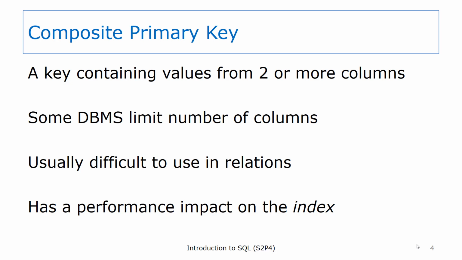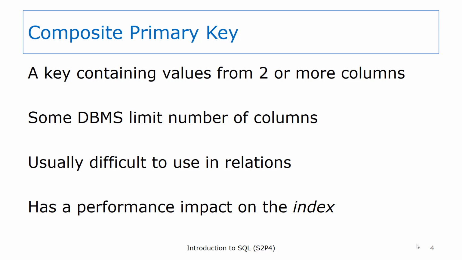The current version of MySQL allows up to 16 columns in a composite key, but some database management systems have a much lower limit, as few as 3. In any case, creating a composite key of more than a few columns quickly becomes very cumbersome. Using multiple columns as a primary key makes it much more difficult to create relations between tables.